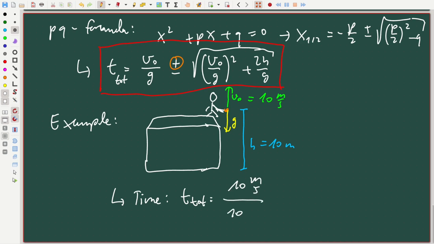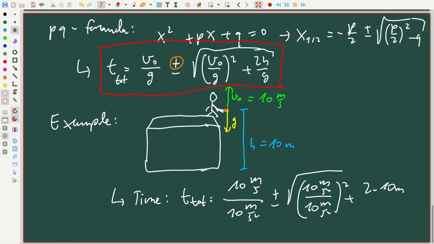Our g is 10 meter per square seconds, and then it would be plus minus, and then we have here our 10 meter per second divided by 10 meter per square seconds squared plus 2 times 10 meter divided by 10 meter per square seconds. And this is very simple.